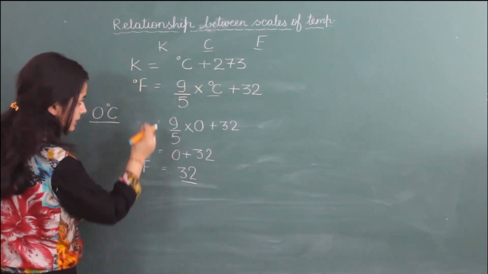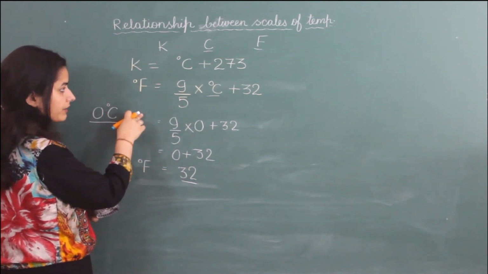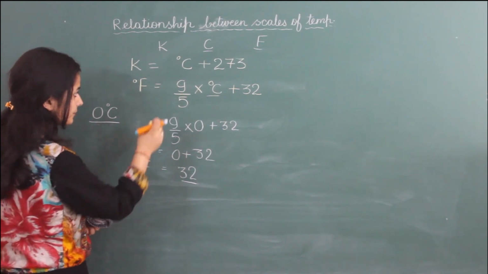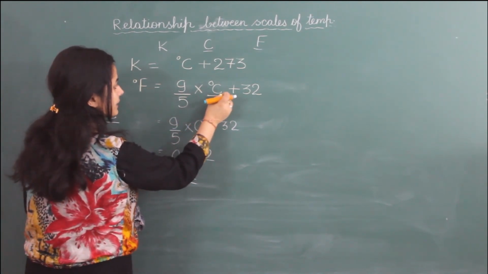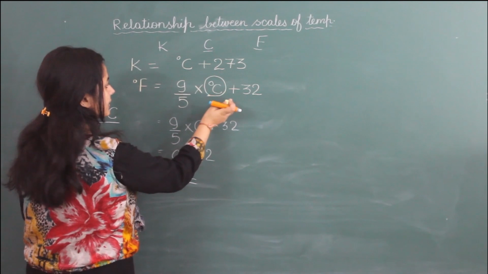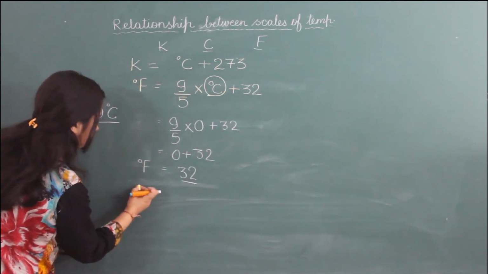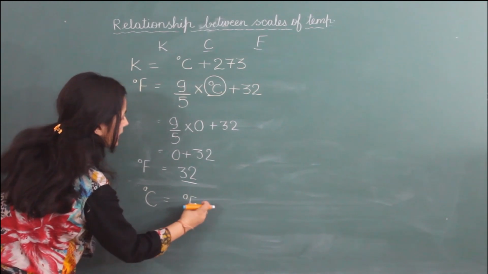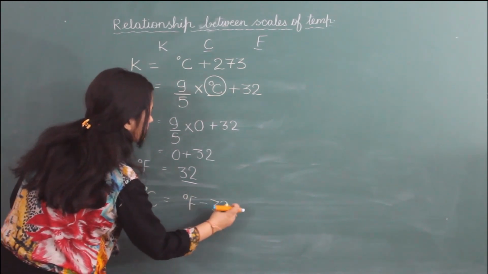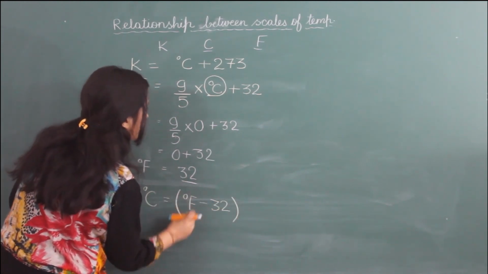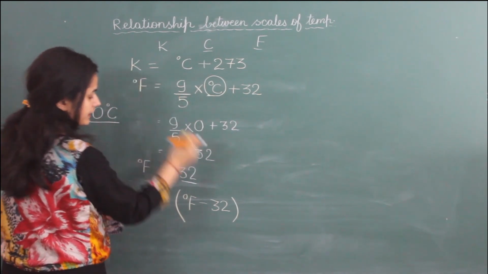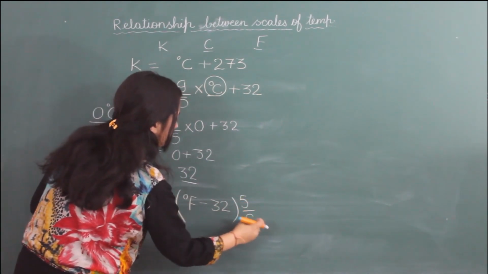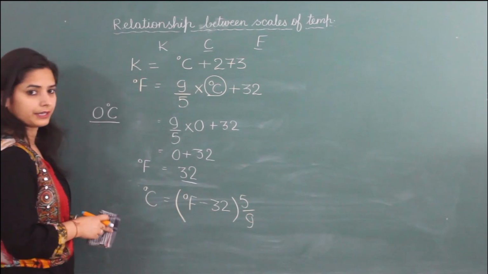And we can reverse it to find the value of Celsius. If I want to find the value of Celsius, I will take this number to this side: degree Fahrenheit minus 32, and this fraction will be reversed to 5 by 9.